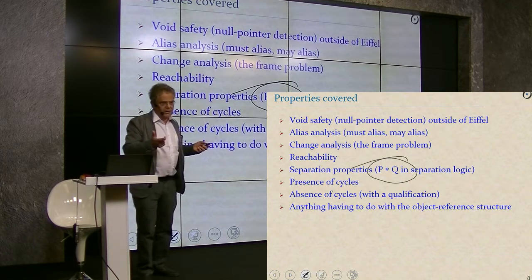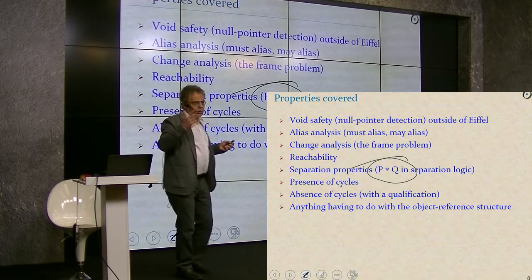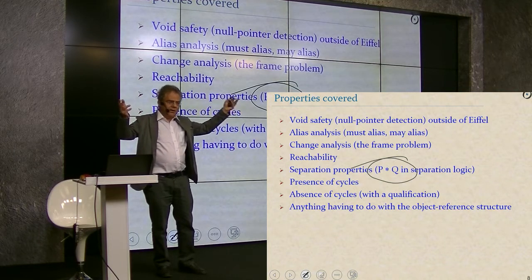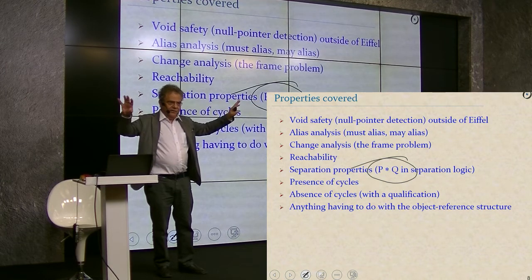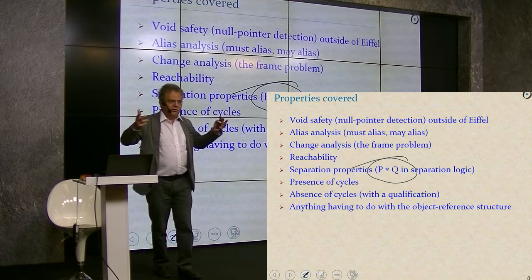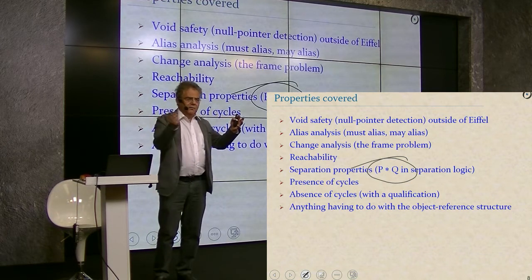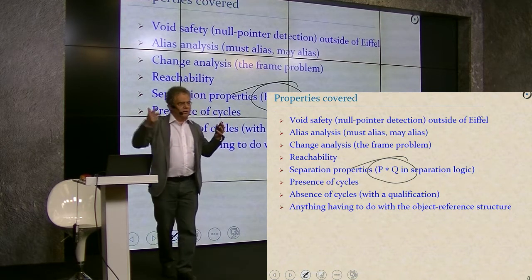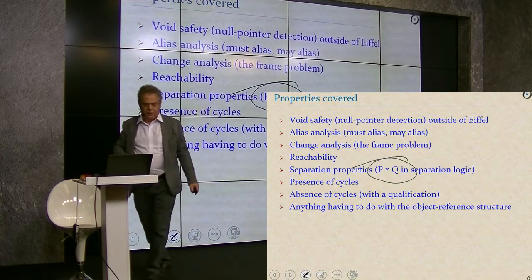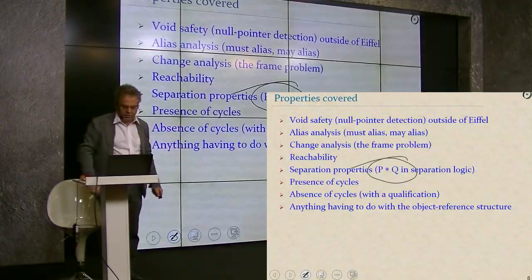So it's like an AND, but it says that P holds in some part of the heap, some part of the object structure, Q holds in some other part of the object structure, and they are distinct. So it's like an AND plus disjointness. Not just distinct, but you cannot reach one from the other. You cannot reach an object of the place where P holds from an object of where Q holds, and conversely.